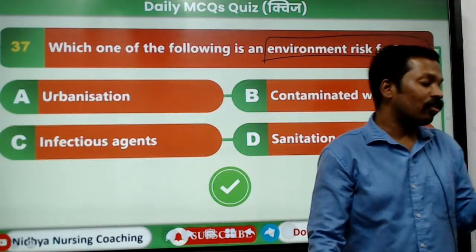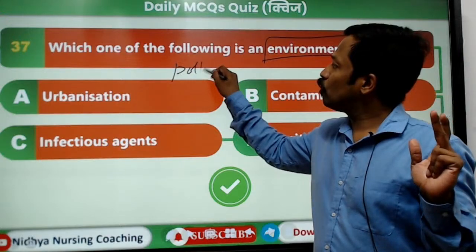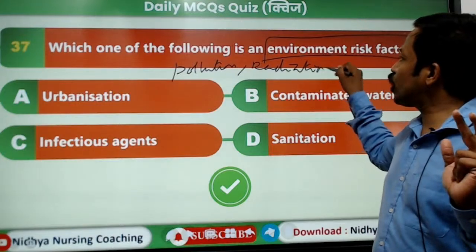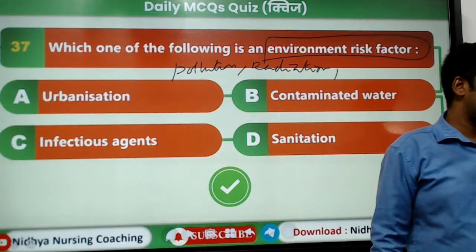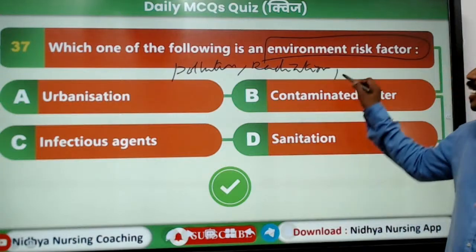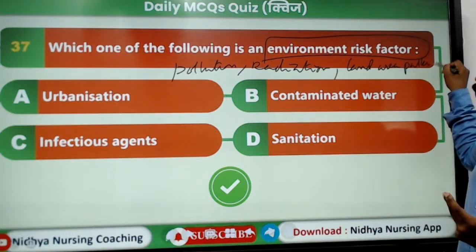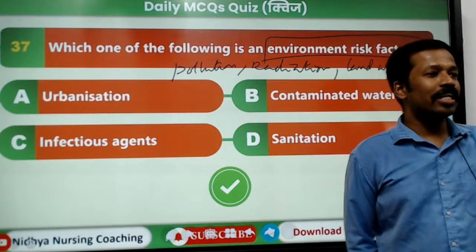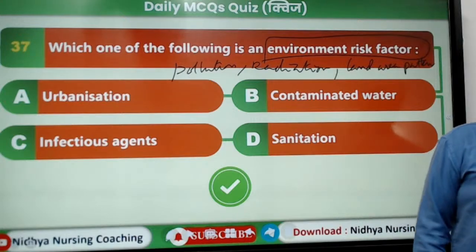Other than that, radiation. Then one more thing related to land area pattern. That means rural, urban. That also comes under environmental factors. Land area pattern. Then climate change.